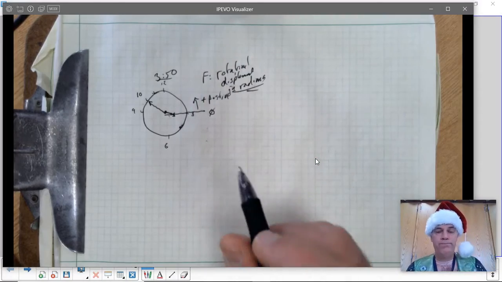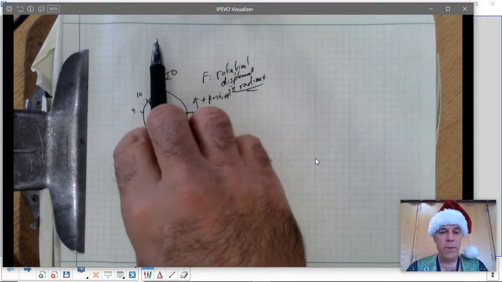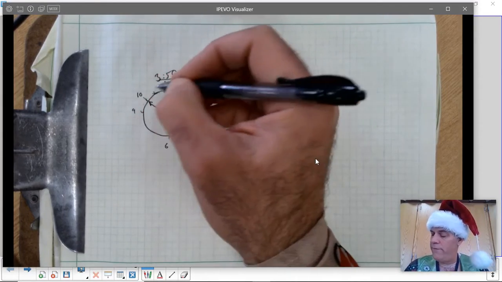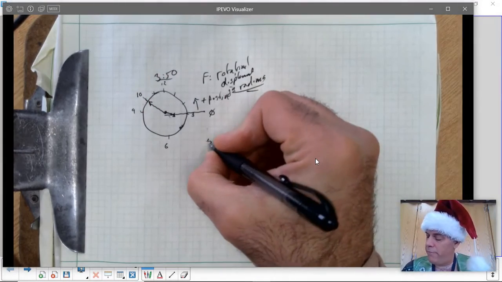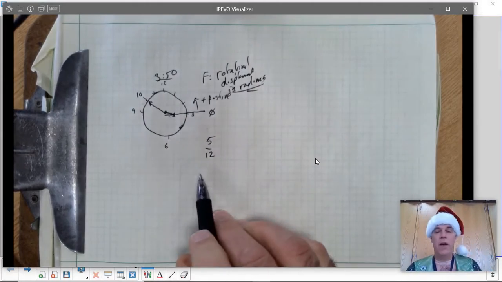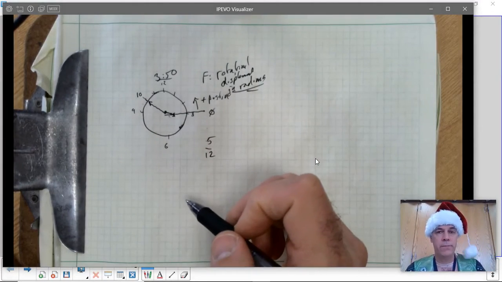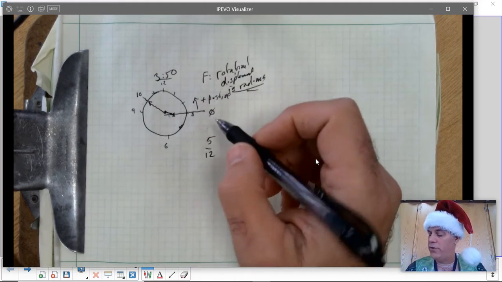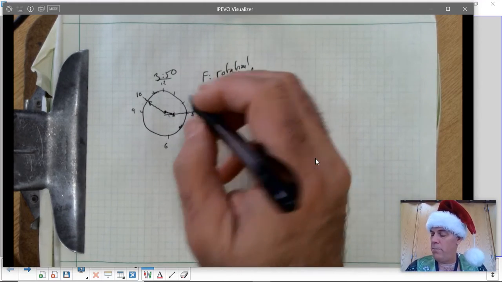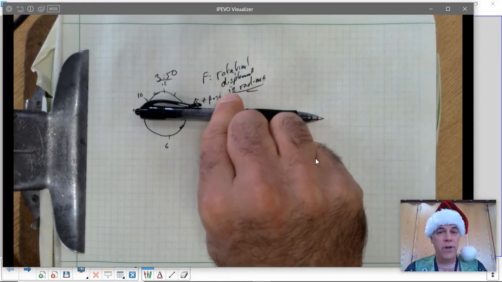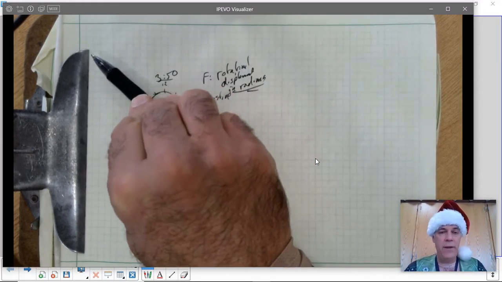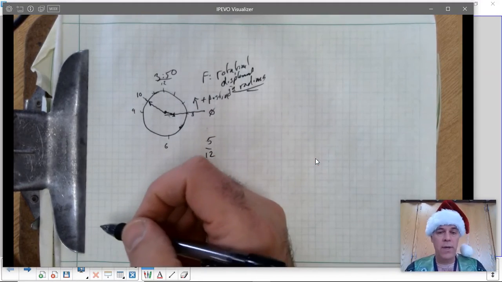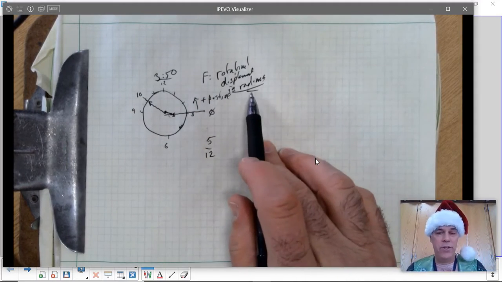Okay, so our angular displacement here is 1, 2, 3, 4, 5, 5/12ths of the whole circle. Okay, so 12 graduations in a clock face, and we are going from horizontal, which is what we consider 0, to the 10, which is 5/12ths of the way around the circle. And we want to know how many radians is that.